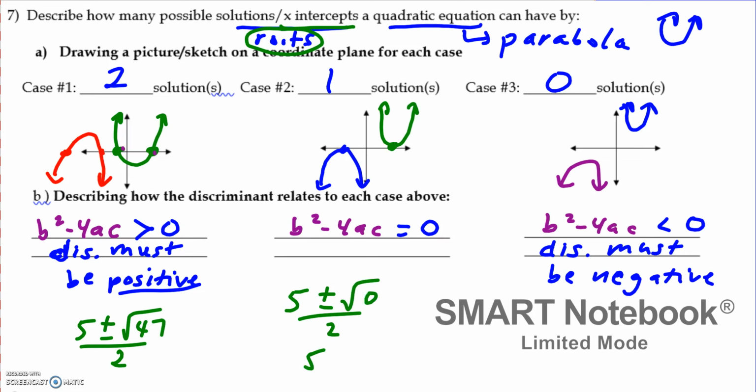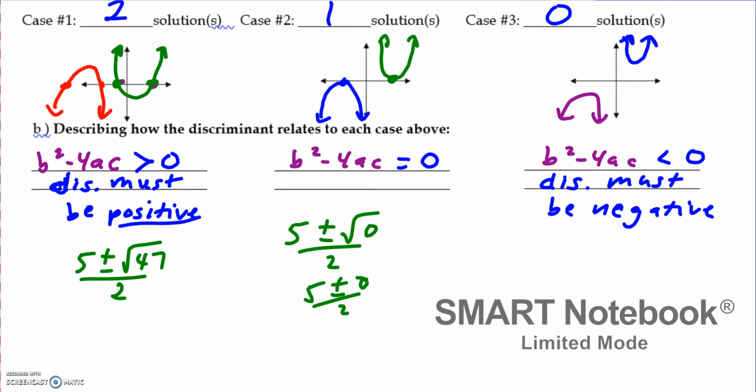So you'd end up with 5 plus or minus 0 over 2, which is really just one answer, because 5 plus 0 and 5 minus 0 is the same thing. The last example would be something like the square root of negative 20, and that's when it never touches the x-axis. It has 0 solutions.